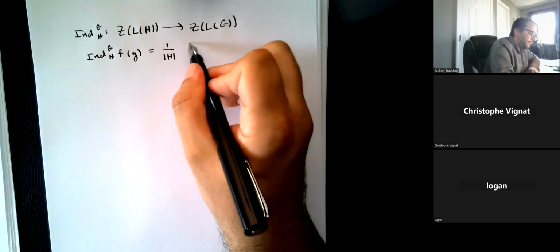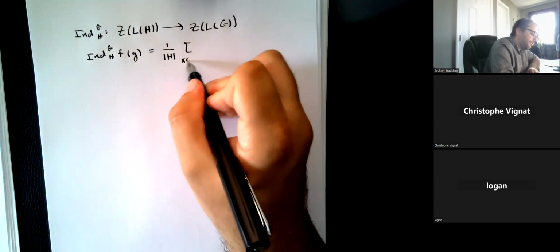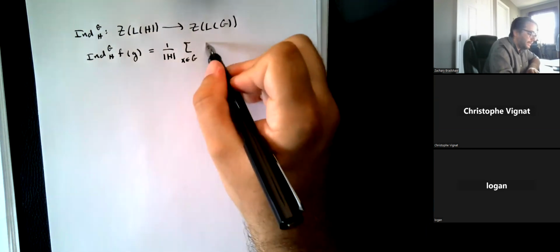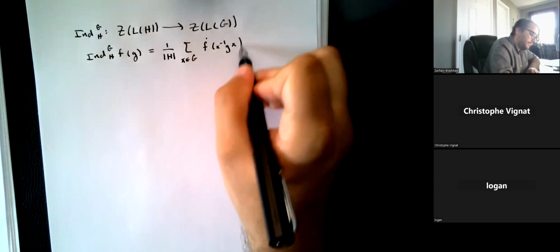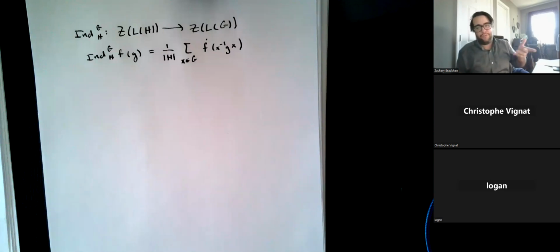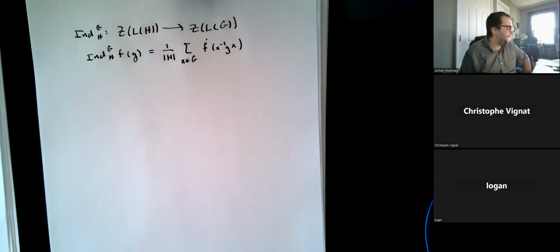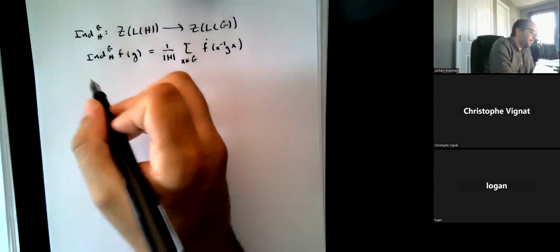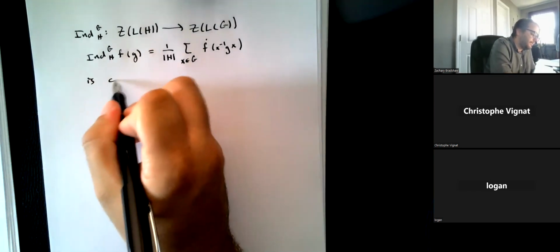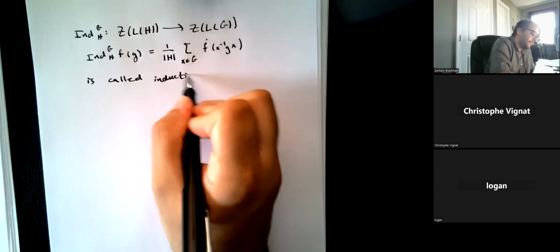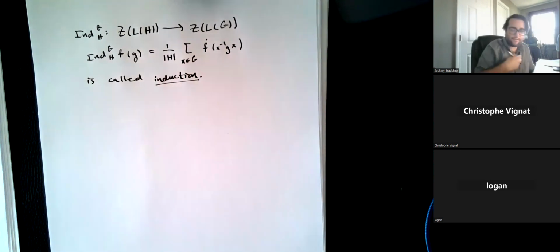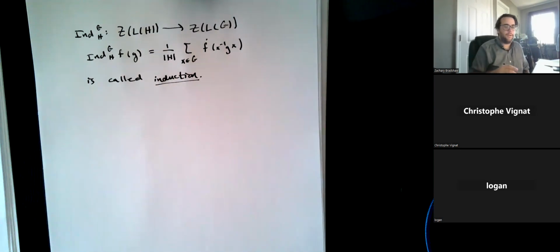So we see this kind of averaging trick sort of come in again here. We're only averaging over H, even though we have all the elements in G listed here. But this is called induction, or the induced map. So when it's applied to something, the result is the induced map.